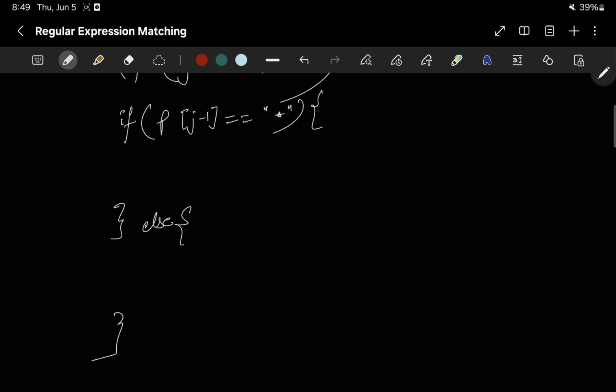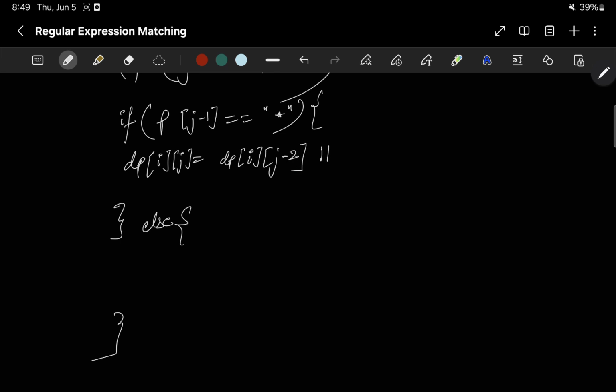What will we do? If it is star, then we have to populate dp of ij, right? So dp of ij will be dp of i j minus 2. First condition, when we will just try to skip the character which comes before the star, right?